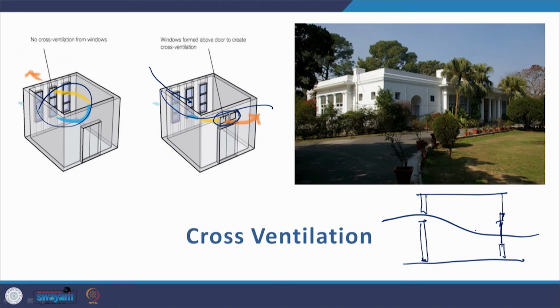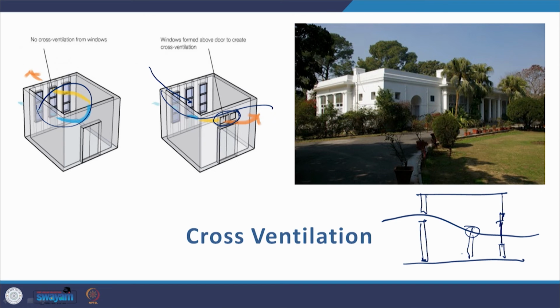If you are not able to provide a window on this side, then for a very large part we are in a zone where it's human height and the breeze flows through human height, and it's very comfortable for us. Of course, there are other attempts made to make this cross ventilation even more effective. Maybe later on we will look at those ideas, but this was an idea tried here in the bungalows.